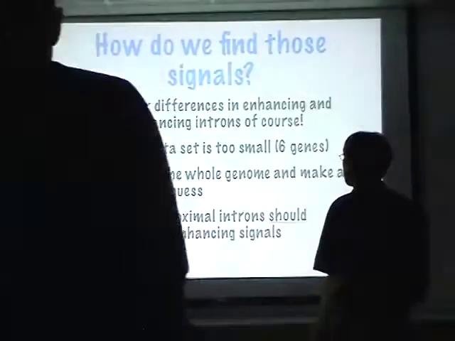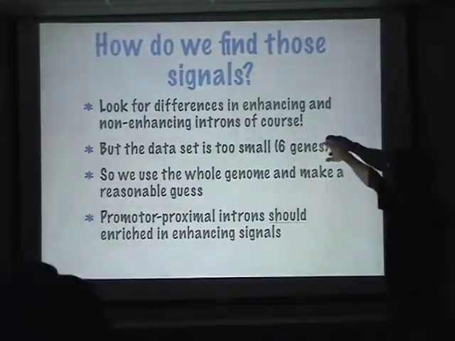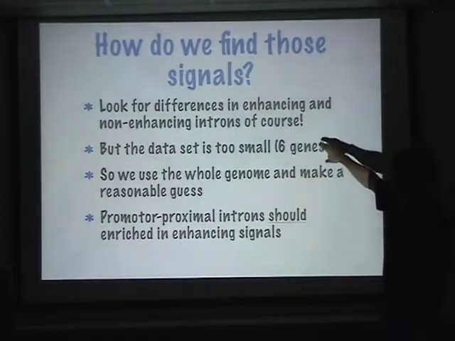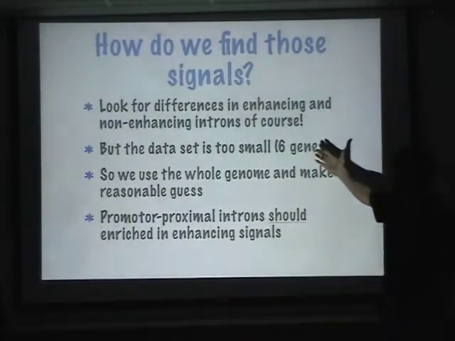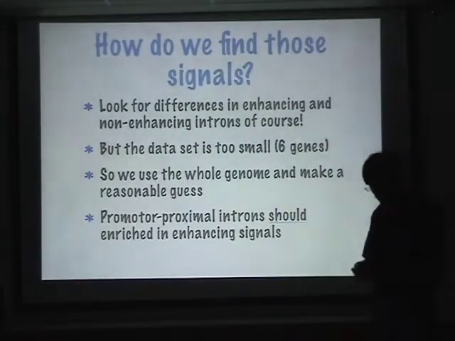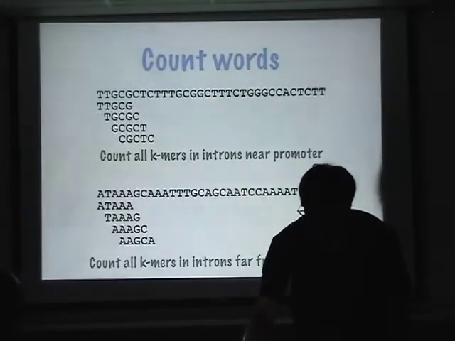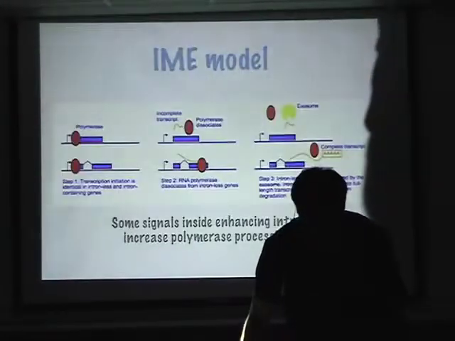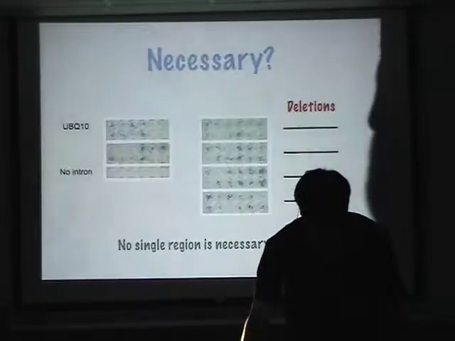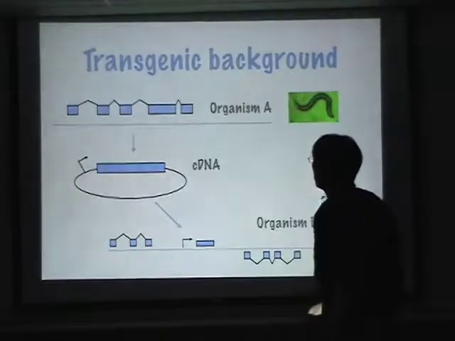So how do we find these differences? We're going to look for differences in enhancing and non-enhancing introns. Our data set is really small, so we're going to use the entire genome is our idea. Let me go back to show you something here.